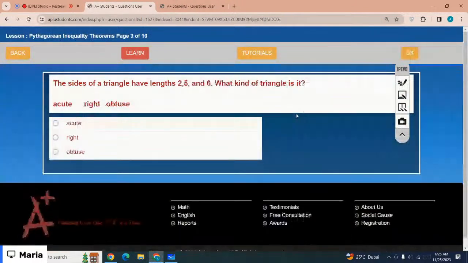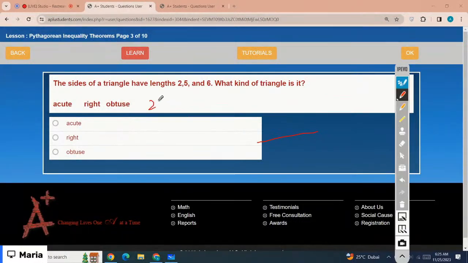Okay, the sides of the triangle have lengths 2, 5, 6. 2 square plus 5 square compared to 6 square. That is 4 plus 25, no, you have to compare, not equal, with 36.